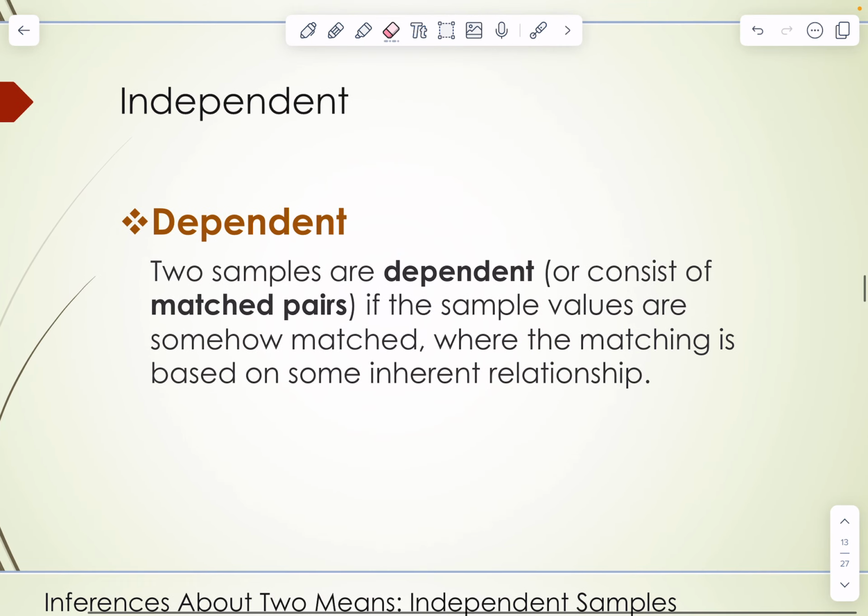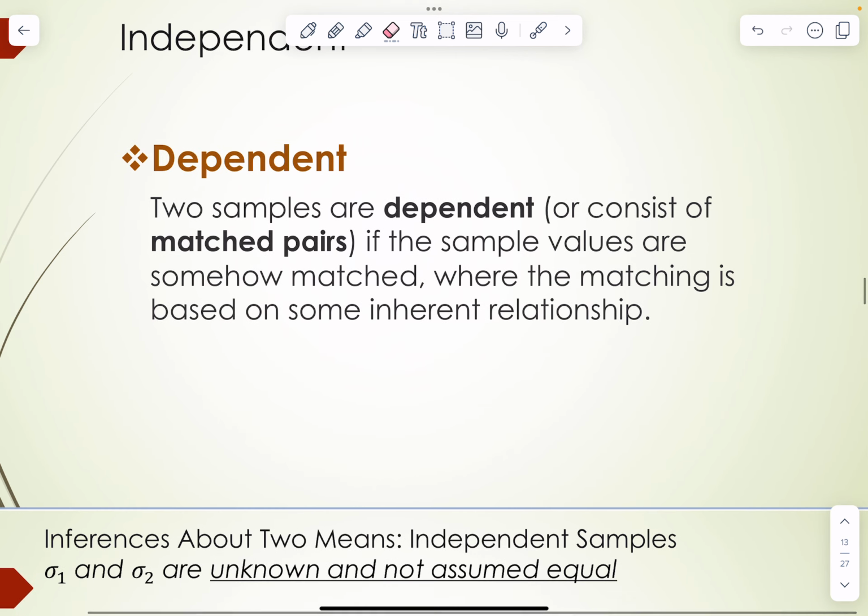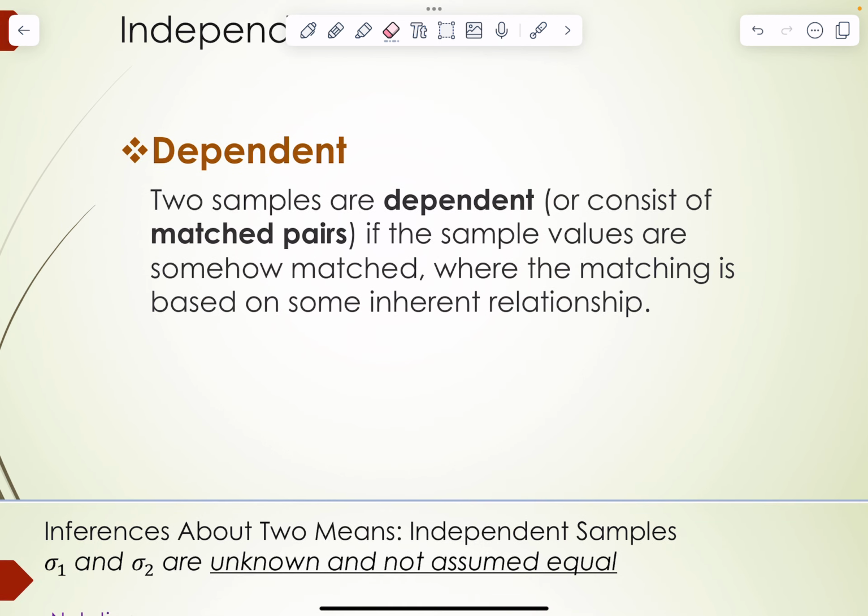The opposite of that is dependent. The two samples are dependent or consist of matched pairs if the sample values are somehow matched, where the matching is based on some relationship. So if one sample is husbands and the other sample is their wives, that is a matched pair. Another example of matched pairs is students before a treatment and the same students after a treatment.